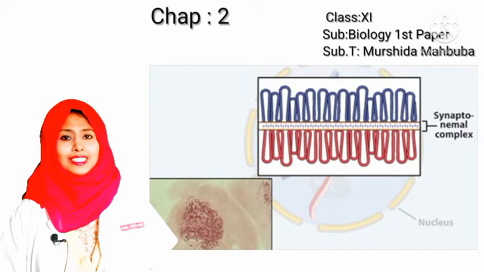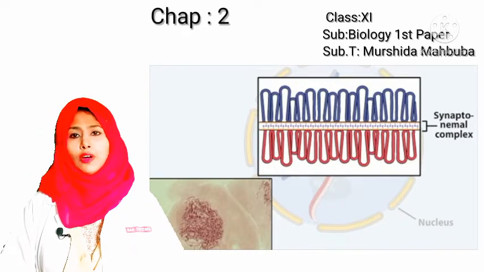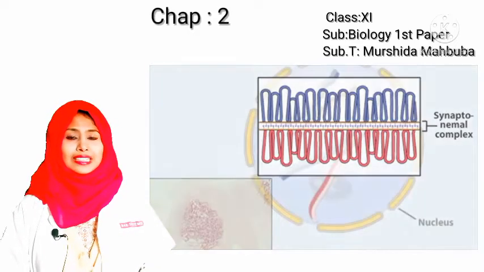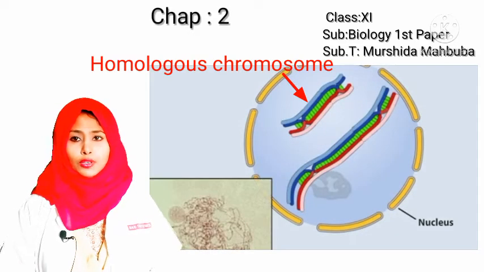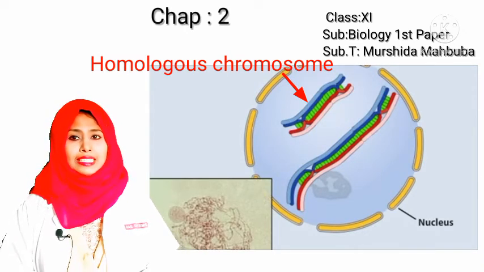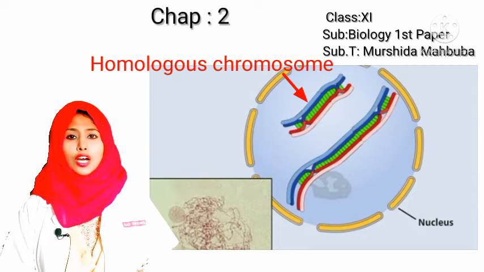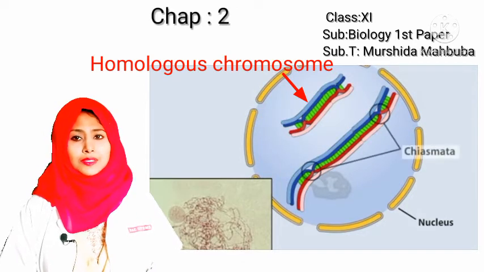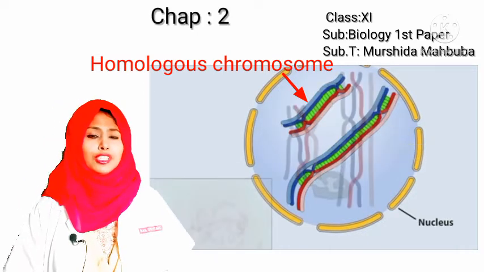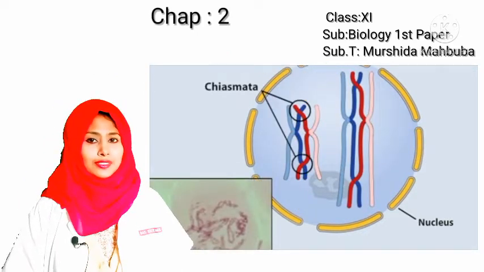My dear students, the synaptonemal complex is a protein structure that forms between homologous chromosomes during meiosis, and it is thought to mediate synapsis and recombination during meiosis 1 in eukaryotes.